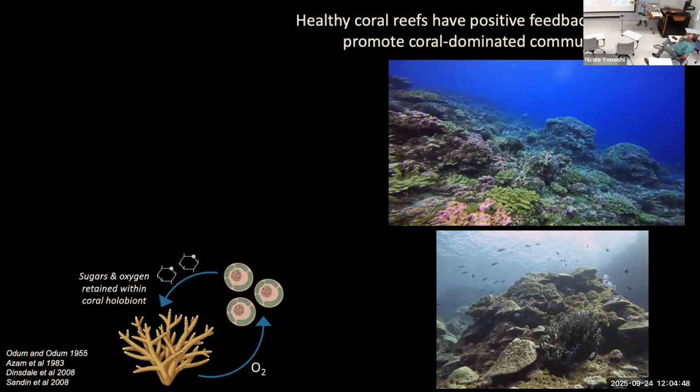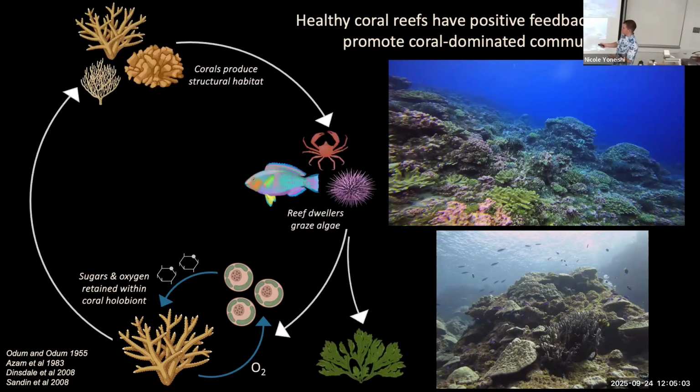What's really happening here is that these algae are producing a lot of photosynthetic sugars, and then all of that energy is going into these corals, which they use for energy in an ecosystem building process that then builds up this really awesome structure. Once again, I can't stress this enough: the fact that oxygen and sugars are being recycled within this partnership and used to build an ecosystem process is the really awesome part of coral reefs.